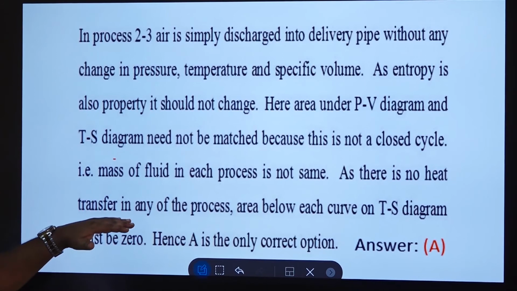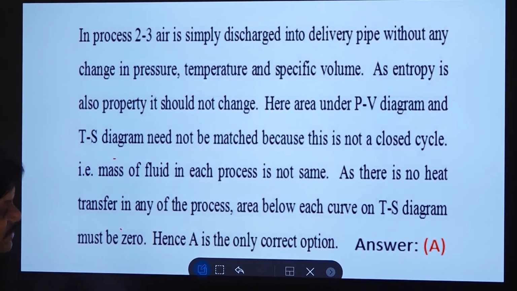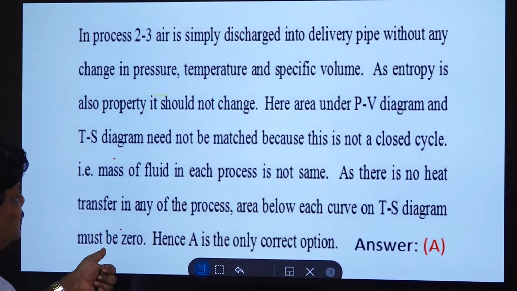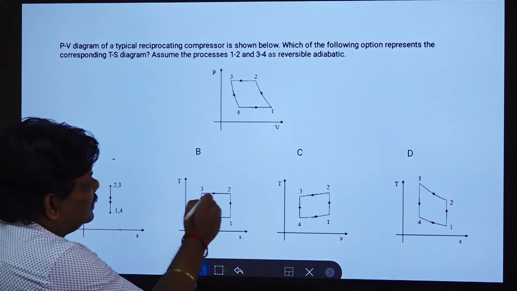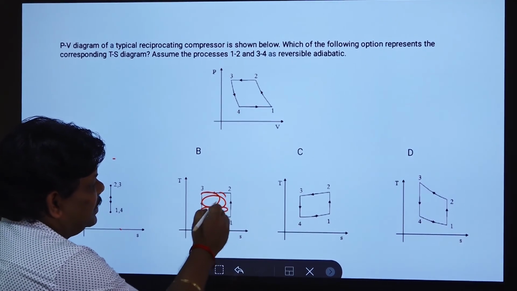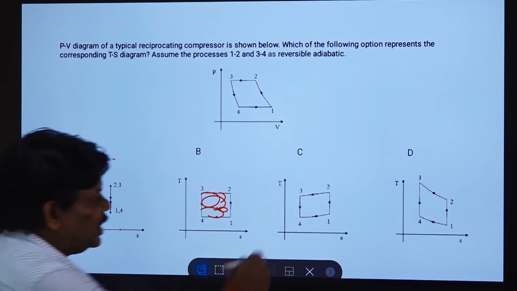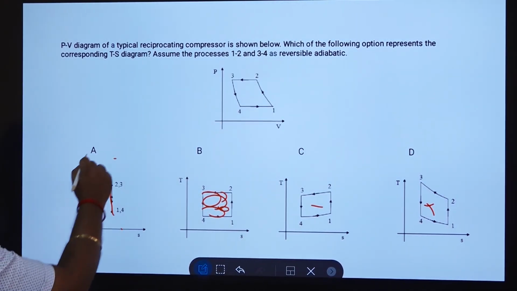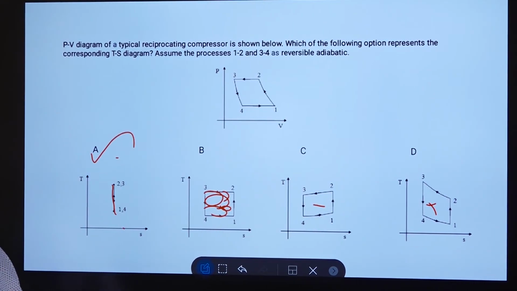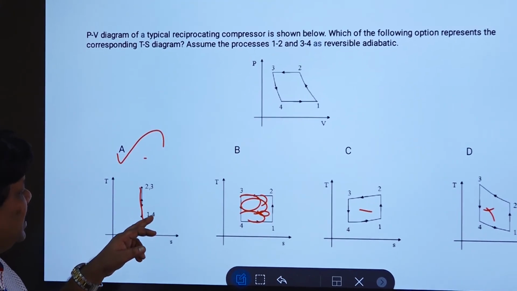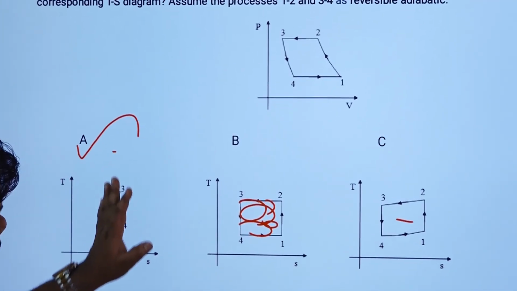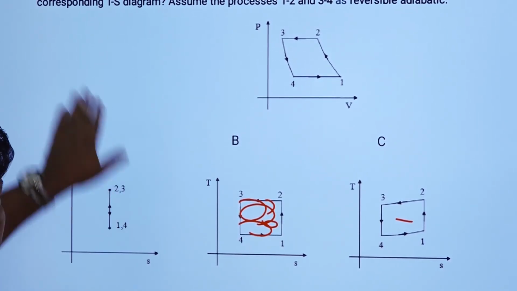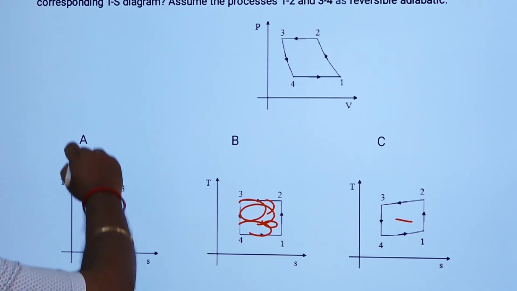As there is no heat transfer in any of the processes, the area below each curve on the TS diagram must be 0. In all the other cases it is not so. Here the area is 0, so the option is A.